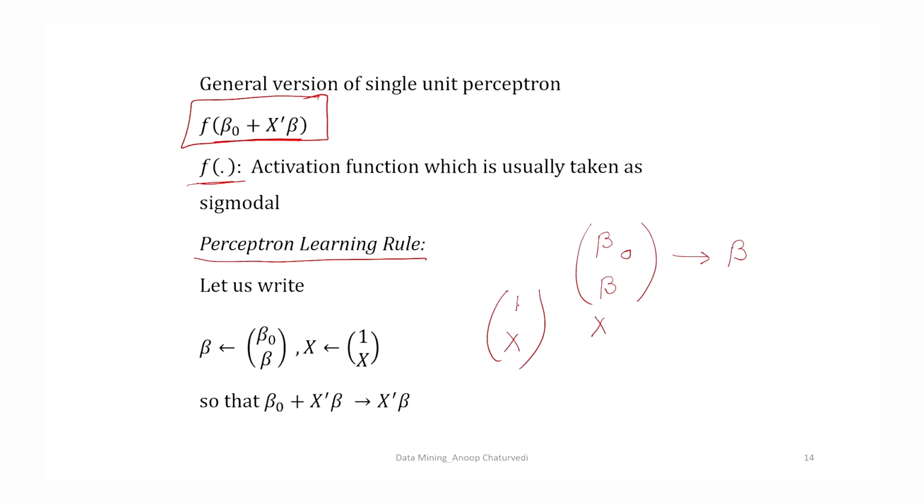This 1 corresponds to the bias element, and then you have input variables in x. So, we replace it by x just to simplify the notations. So, beta naught plus x transpose beta is replaced by x transpose beta, just to simplify the notations.